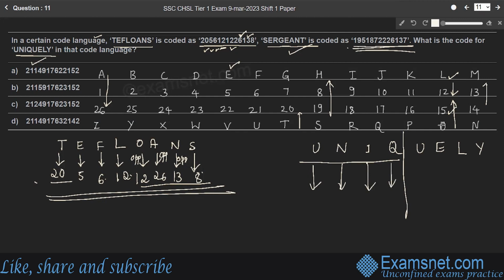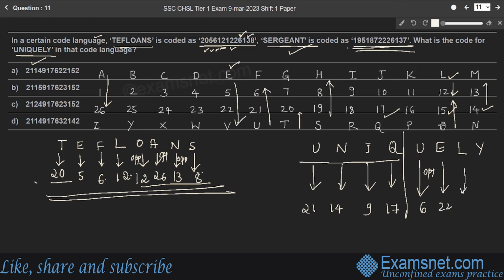The positional value of U is 21. N is 14. I is 9, whereas Q is 17, right? And the opposite positional value of U is 6, right? The opposite positional value of E is 22.